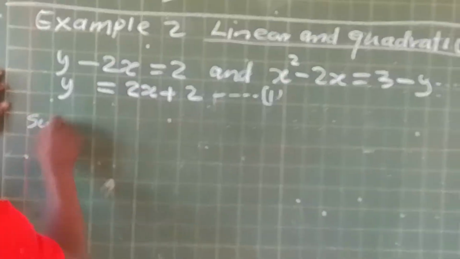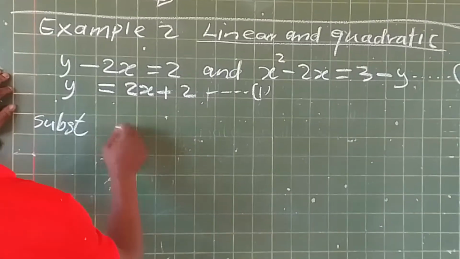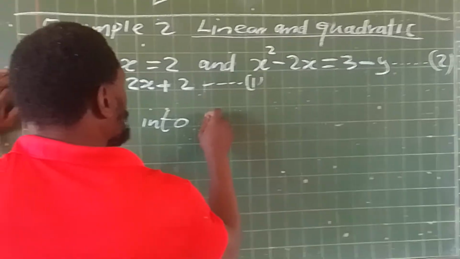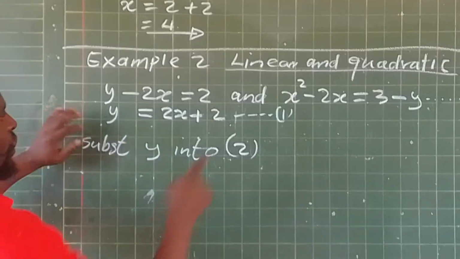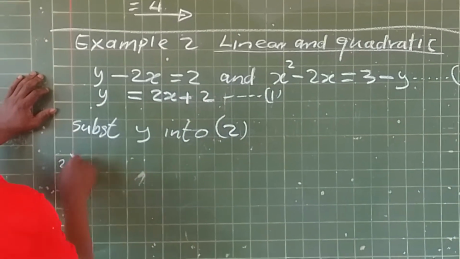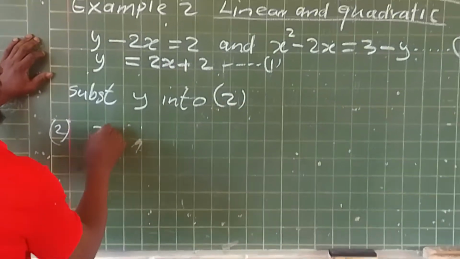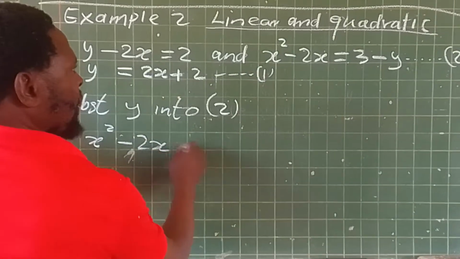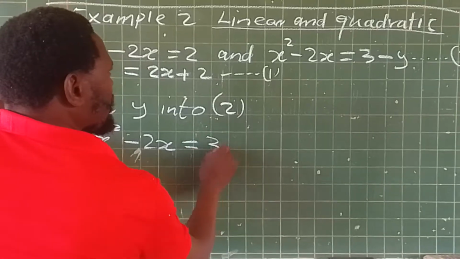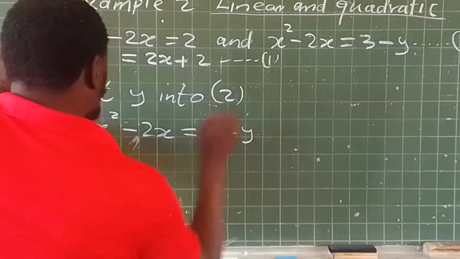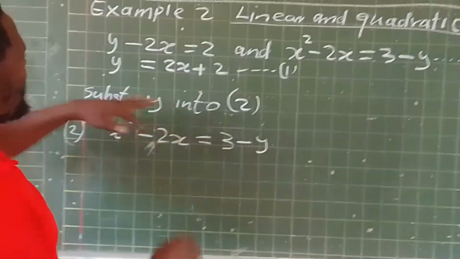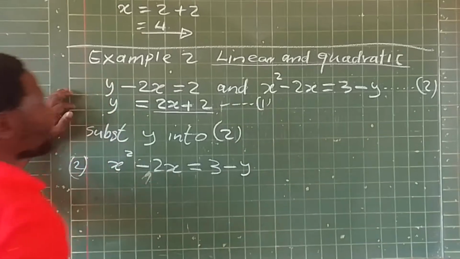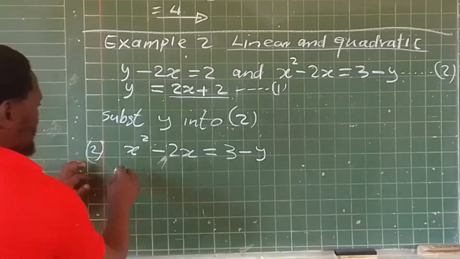Now you say substitute y into equation 2. You start by writing equation 2. Equation 2 is x squared minus 2x is equals to 3 minus y. Now, wherever you see y, you're going to put 2x plus 2. Now, let's start working.